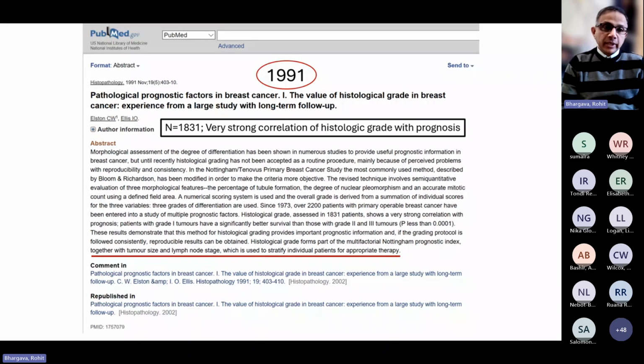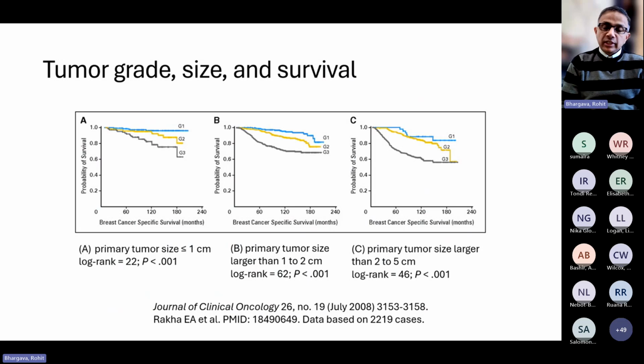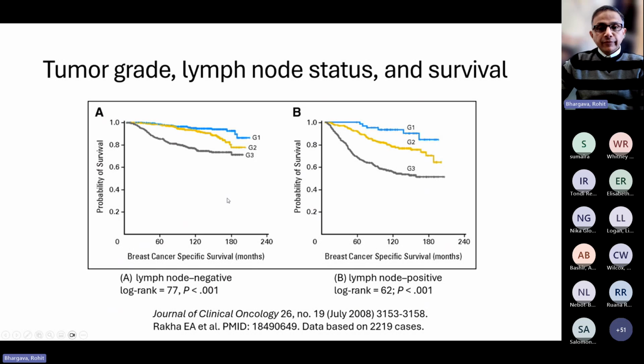Even at that time, the studies from Nottingham clearly showed that Nottingham grading is very important, and there was a very strong correlation of histologic grade with prognosis on a large number of cases. And we know that grade is prognostic even in different subgroups, less than 1 cm, 1 to 2 cm, or in tumors 2 to 5 cm, grade remains prognostic, or lymph node negative or lymph node positive subgroup. But unfortunately, grade was not included in the NIH consensus statement.